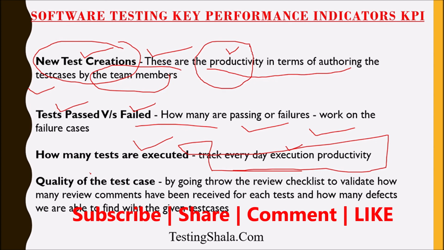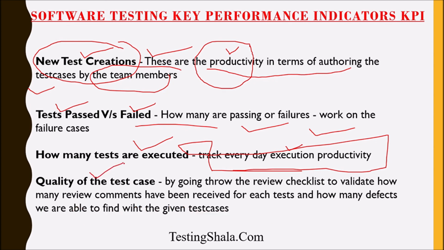The last one is quality of the test cases. Whatever test cases we write, we should assess their quality based on the review checklist we have, and we will validate how many comments we have received for the test cases being authored, how many review comments there are, and how many times we have fixed those test cases.